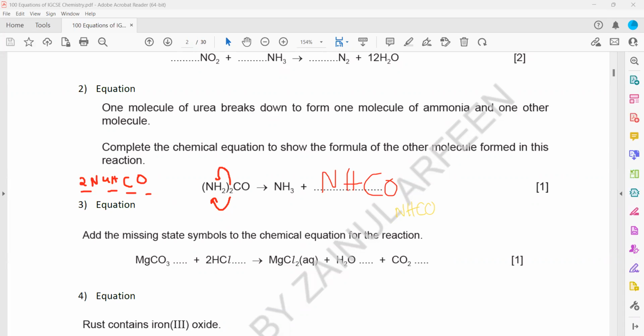So we just make the number of atoms on the left hand side and the right hand side the same. So we just count, like we were having 2 nitrogen, so 1 is already used, so 1 is left. 4 hydrogen were there. Out of 4, if 3 are used, 1 is left. And carbon and oxygen are not used. That's why we write in this manner.